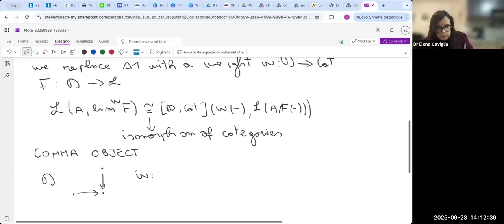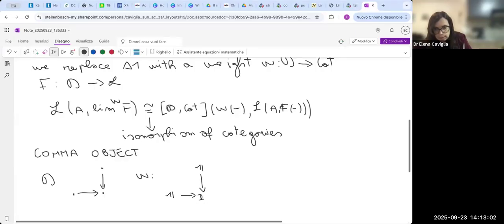So how is this for the comma object? So we assign to these two objects the category 1. So they both go to the category 1. But then this other object here goes into the category 2.